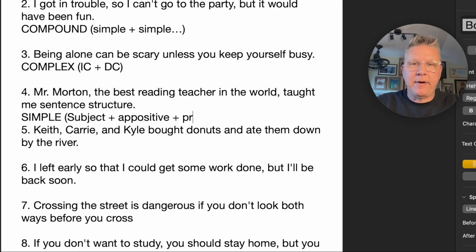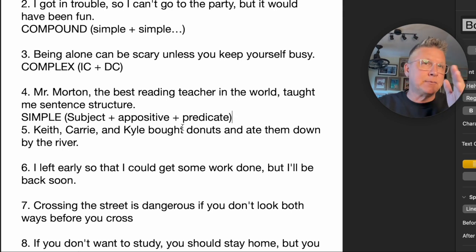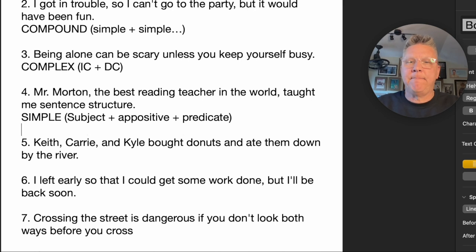Plus a predicate. So a predicate, again, is the verb phrase of the sentence. It can have the verb plus prepositional phrases plus other things like that, appositives and whatnot. All right, other clauses, that kind of thing.